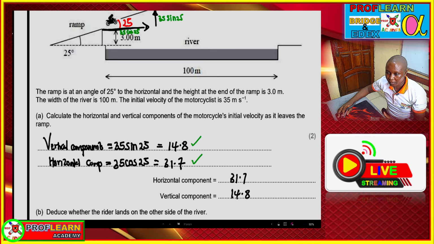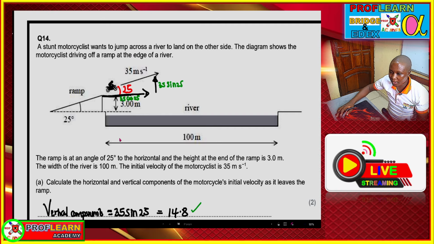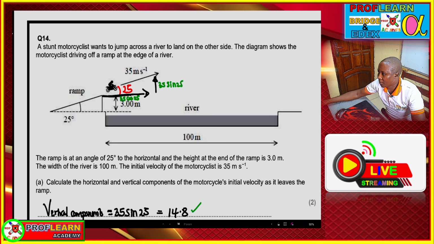If you want to find how far the object is going to move in the horizontal direction, you use the horizontal component. But what is usually the same for motion in the vertical and the horizontal direction is the time taken. Maybe let me just draw it properly.